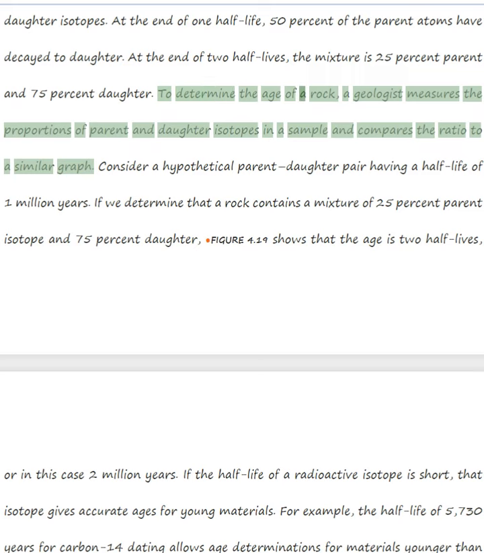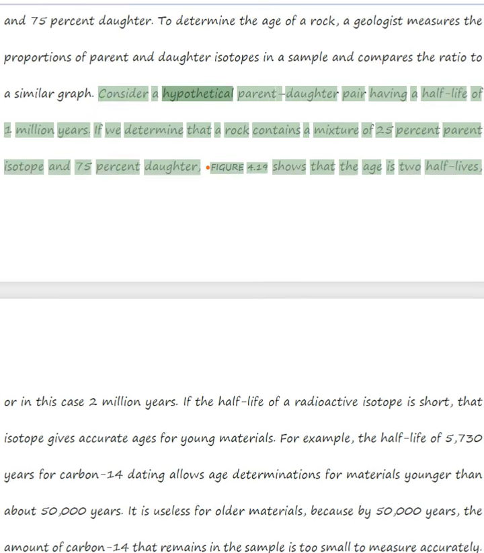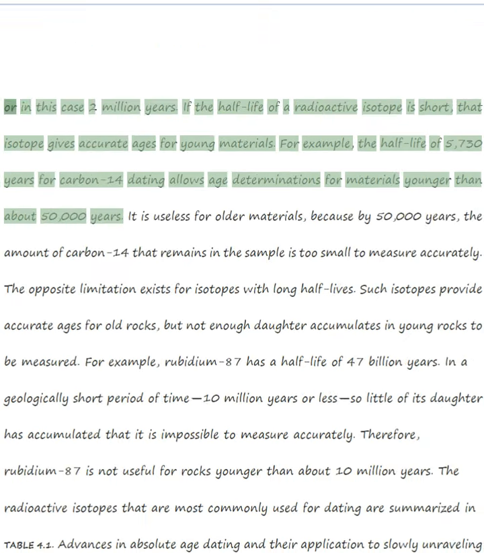To determine the age of a rock, a geologist measures the proportions of parent and daughter isotopes in a sample and compares the ratio to a similar graph. Consider a hypothetical parent-daughter pair having a half-life of 1,000,000 years. If we determine that a rock contains a mixture of 25% parent isotope and 75% daughter, the figure shows that the age is 2 half-lives. Or in this case 2,000,000 years.